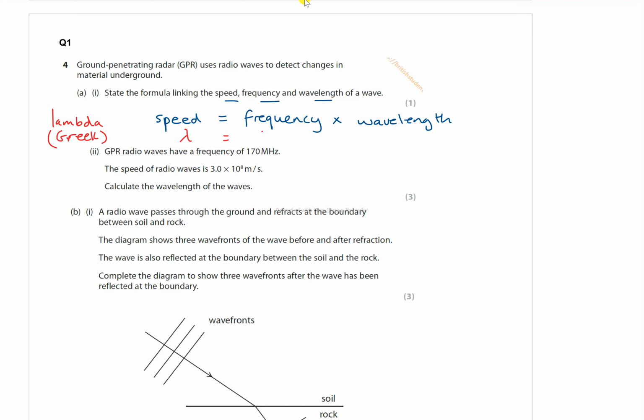Speed is always v, frequency is f, and wavelength is lambda. So lambda is wavelength. Let's get that right: v equals f lambda.